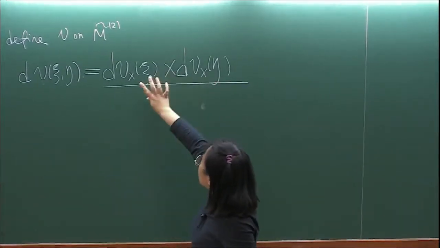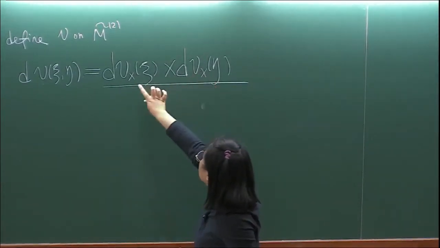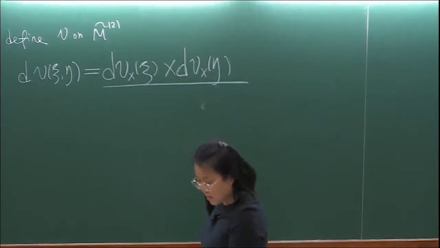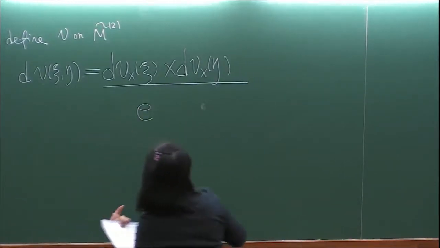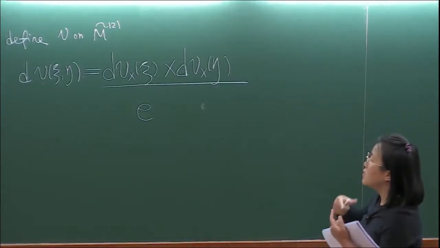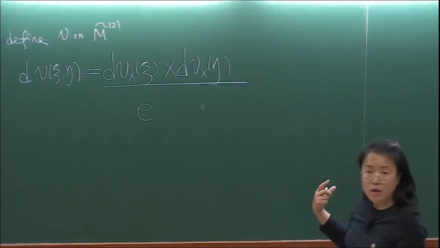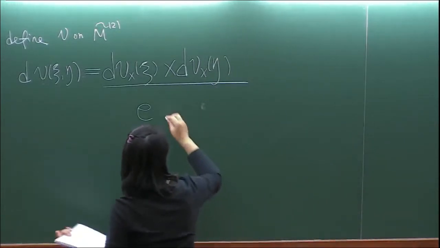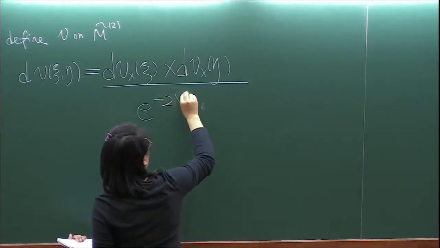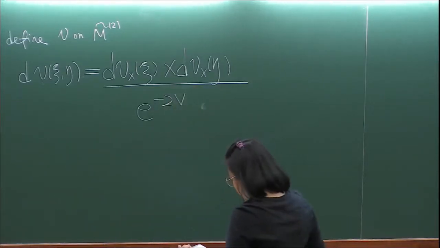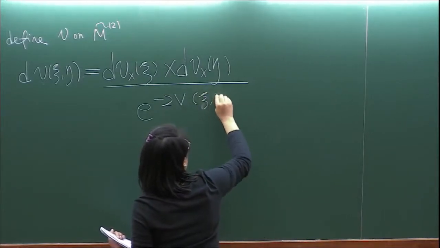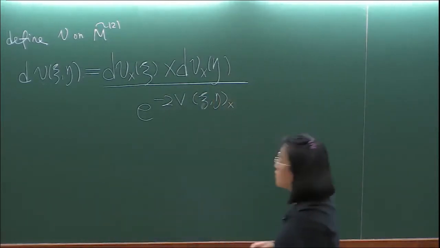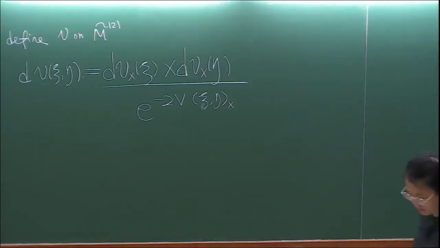So actually, you can pick arbitrary x, and you have this product, and so you have to put some density here to make it an invariant, a real measure for our purpose. So what's the candidate here is e to the power minus 2v, the Gromov product at x. Okay.